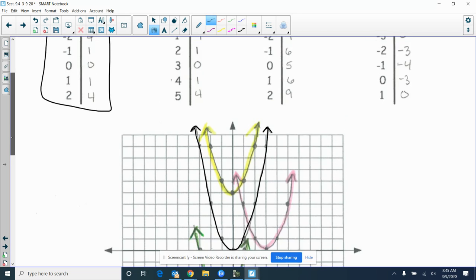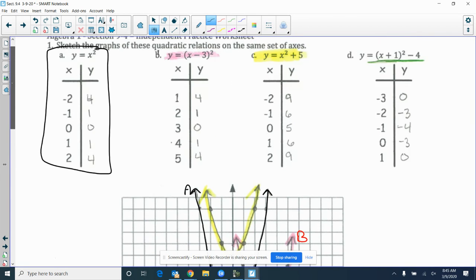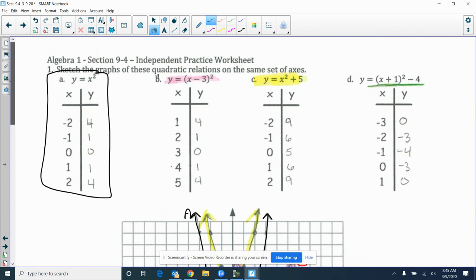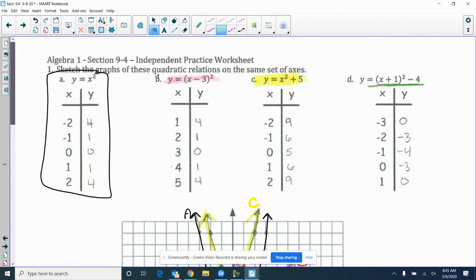So B is reddish right there. The first one, A, is that one. Which one is C? X squared plus 5. Okay, that is C there in yellow. And then D, my green one, x plus 1 squared minus 4.